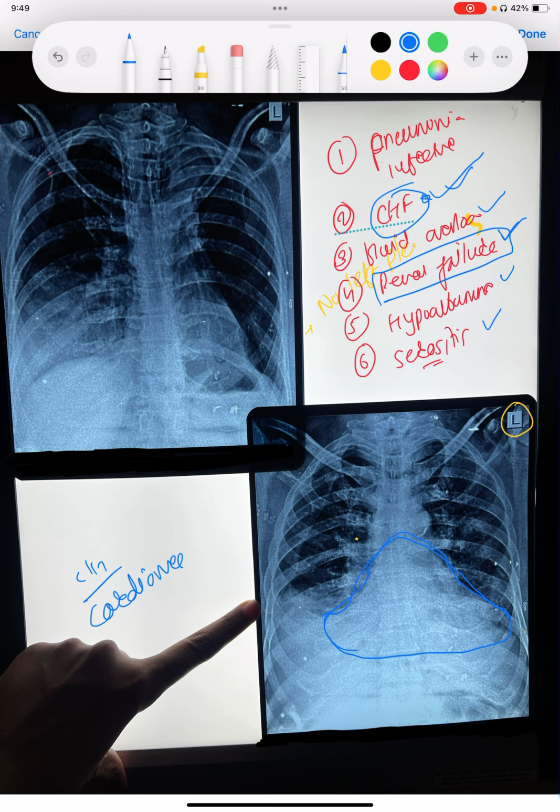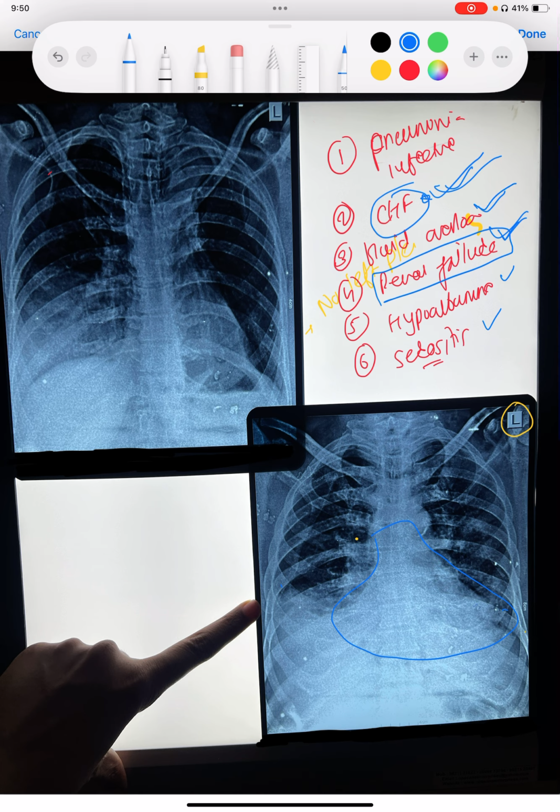This is almost more than 50% of this line. So the heart is appearing much larger. So most probably this is congestive heart failure effusion, because in chronic heart failure or congestive heart failure we usually have bilateral pleural effusion. Here the bilateral effusion is there, and the heart is appearing large. So this is most probably congestive heart failure or CKD or acute renal failure where we get bilateral pleural effusion.